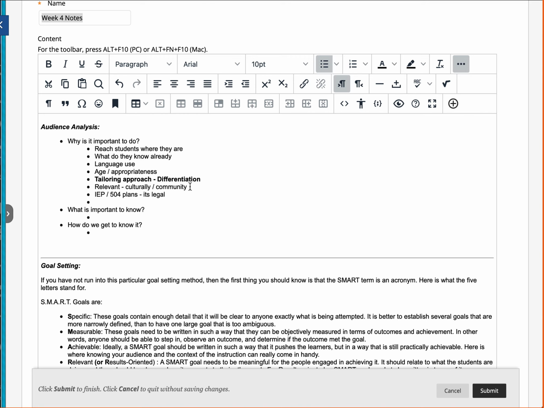So certainly if you're working in a community where there is a dominant culture, you want to make sure that you're taking that into account.